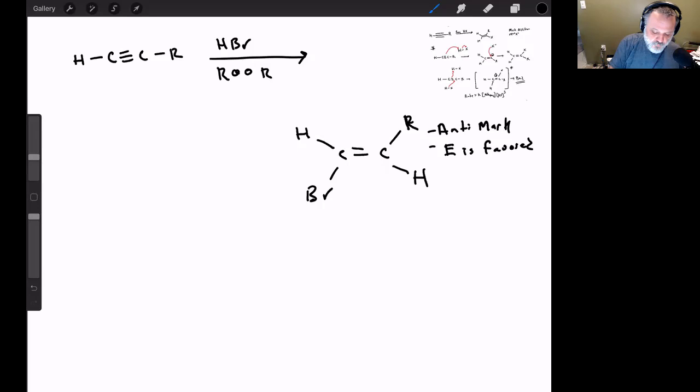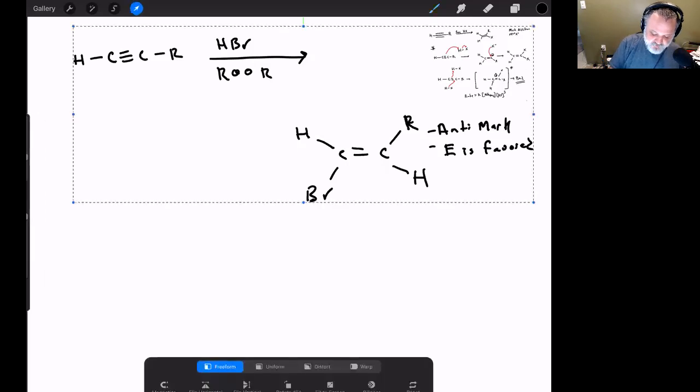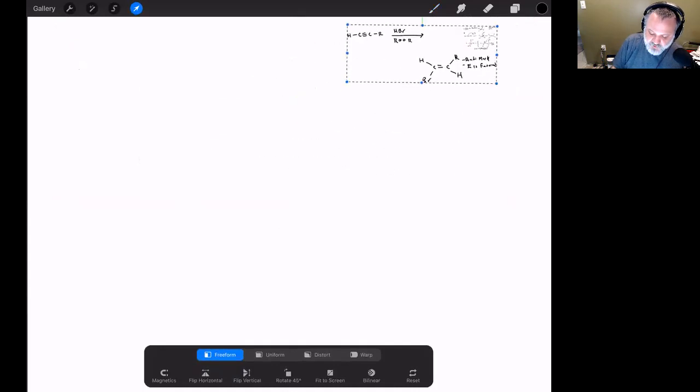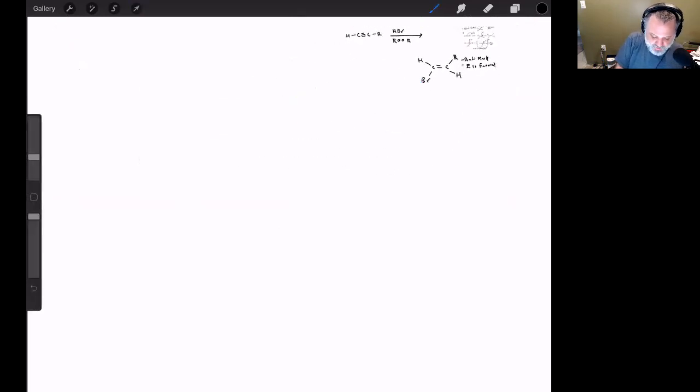All right, so let's take another look at this. Let's go back to this same alkyne, and consider what would happen if instead of one equivalent of HX, we added excess HX.